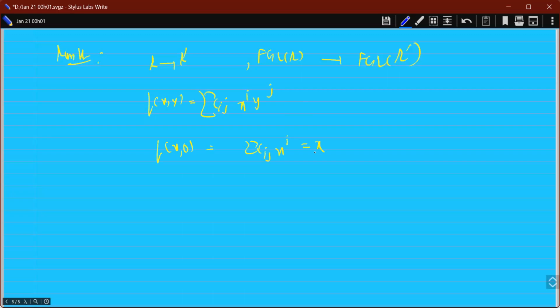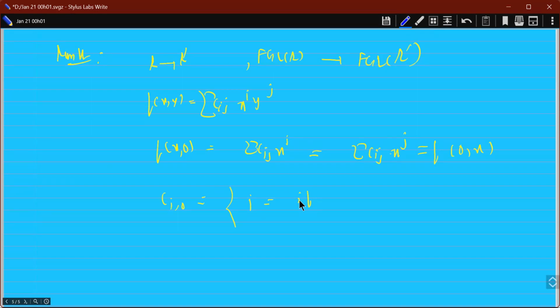This should be x, so this should be equal to this.